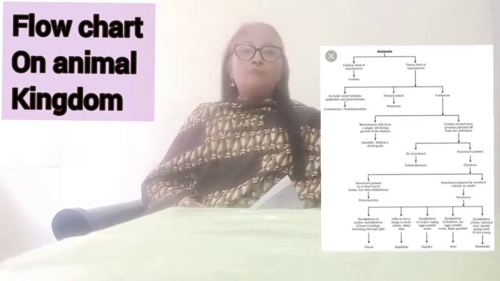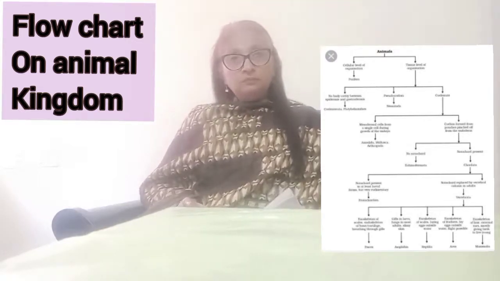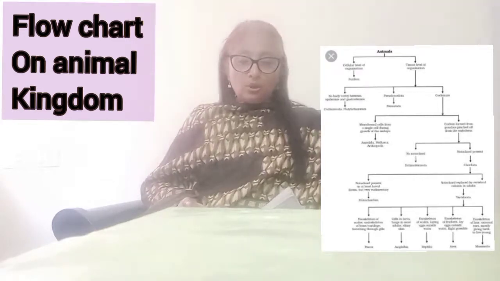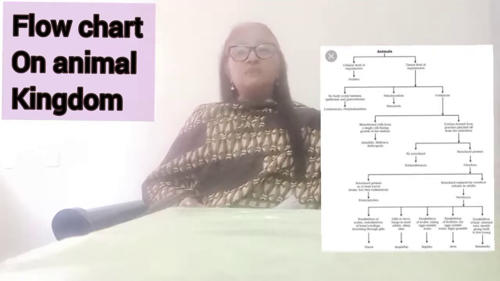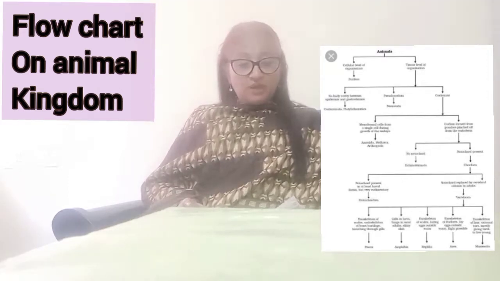Coelom formed from pouches pinched off from the endoderm. This is again divided into two: notochord absent, notochord present. Under notochord absent comes the Echinodermata, and notochord present we have the Chordata.